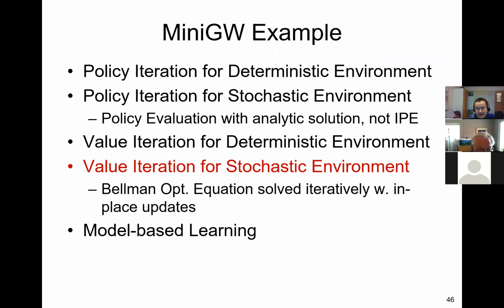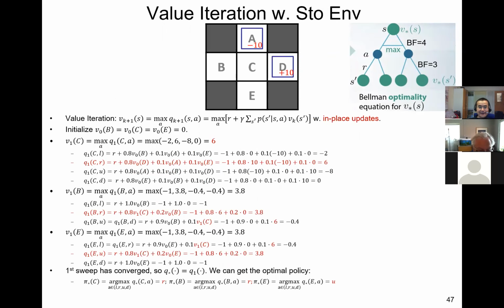Okay, so value iteration for stochastic environment. Now the branching factors are 4 for actions and 3 for environment. We again use in-place updates.